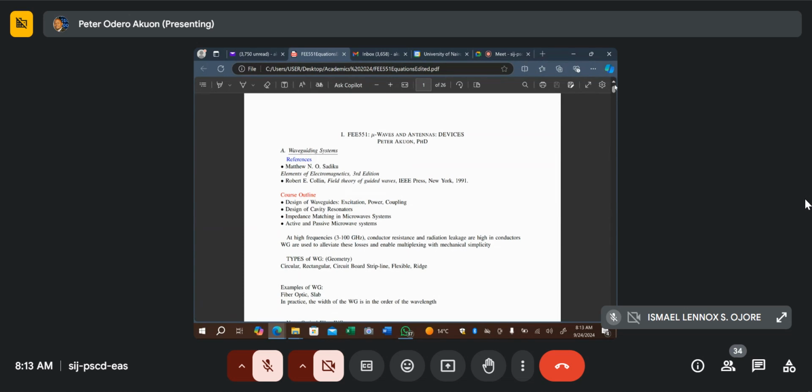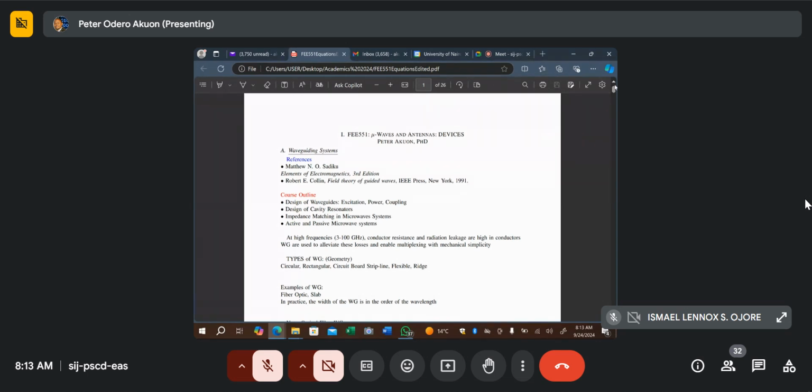So as we said, we'll be tackling design of waveguides. Of course, the syllabus has changed a bit for those who are in third year now, but for you it will remain the same as what was there before. Currently we'll have the design of waveguides, where we look at waveguide shapes, how you can excite a signal in the waveguides, the power that is delivered at a point in there, and how you couple it so that it delivers to the antenna.